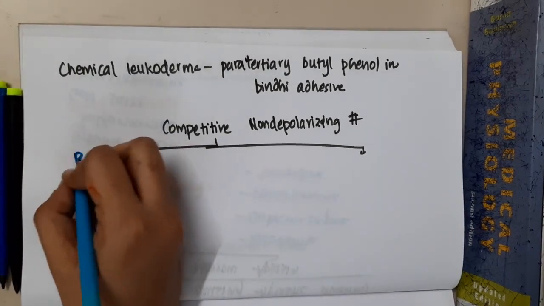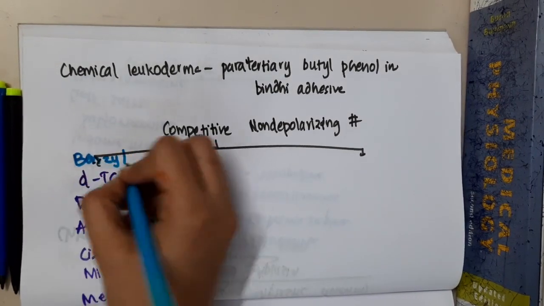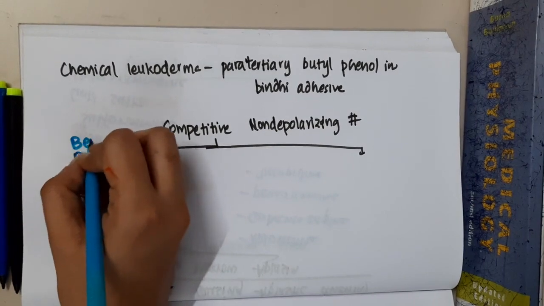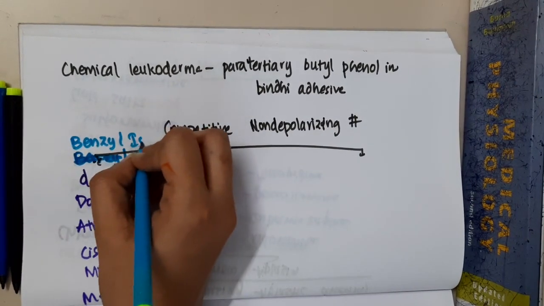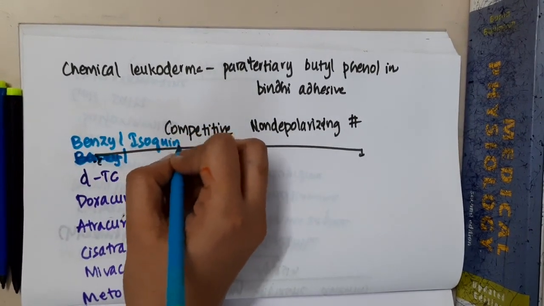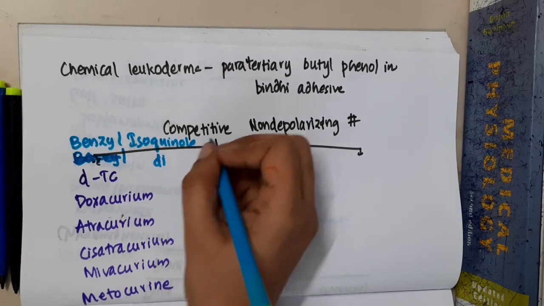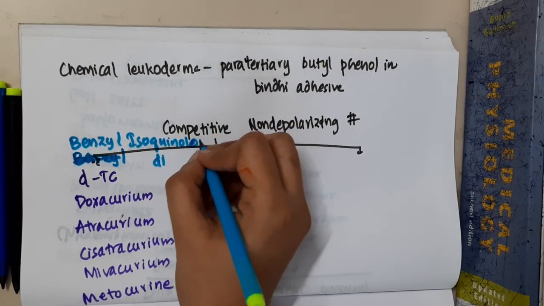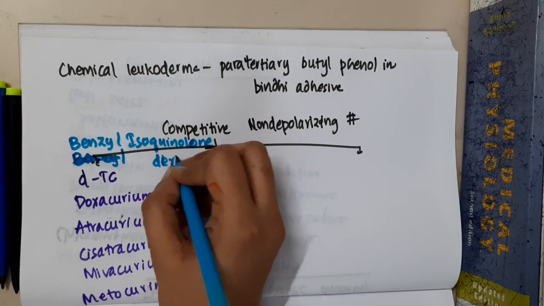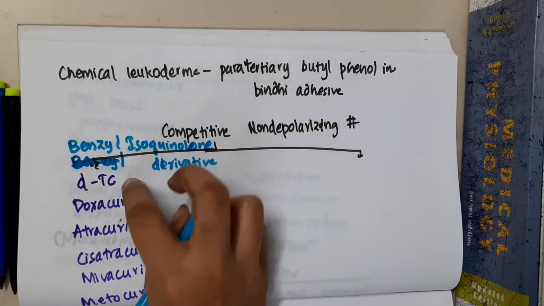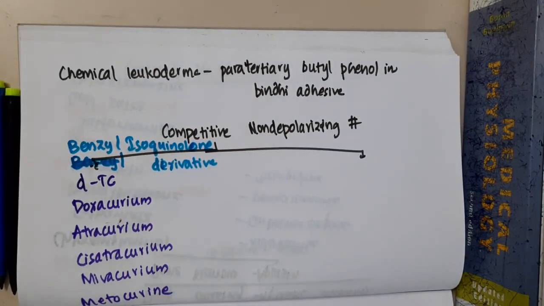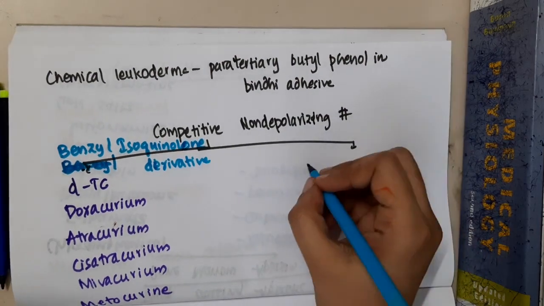These are benzylisoquinolinium derivatives. One group is the benzylisoquinolinium derivatives, which are D-tubocurarine, doxacurium, atracurium, cisatracurium, mivacurium, and metocurine.